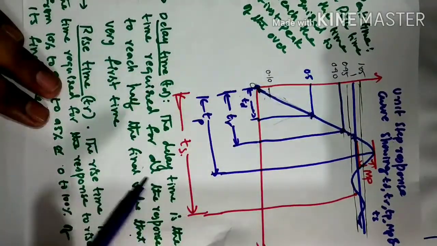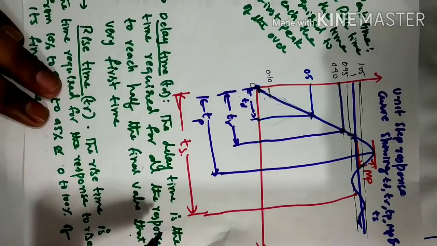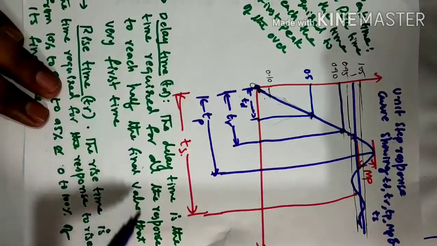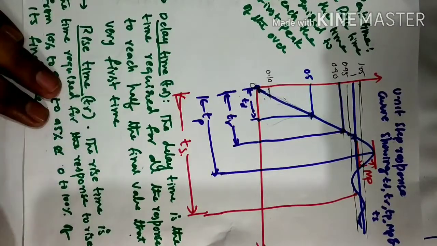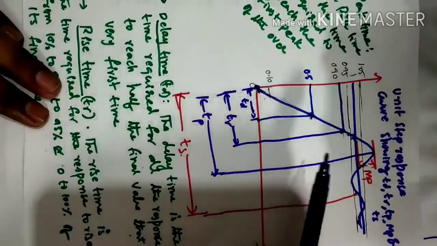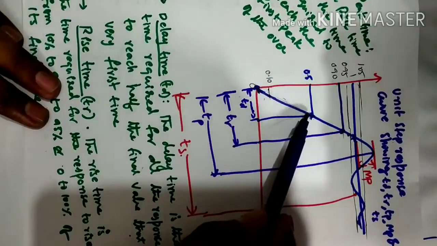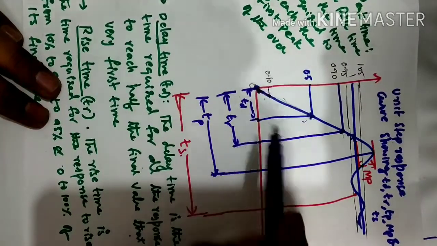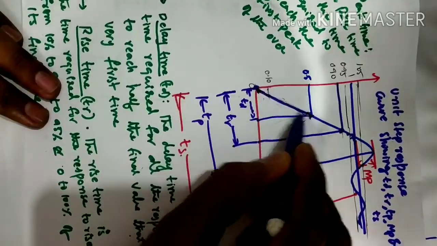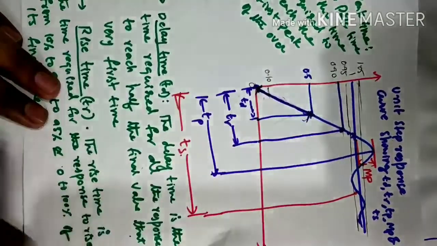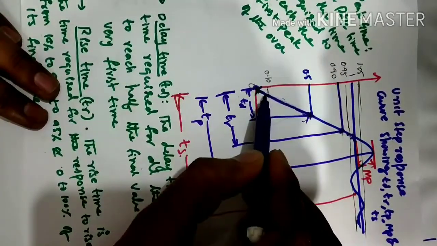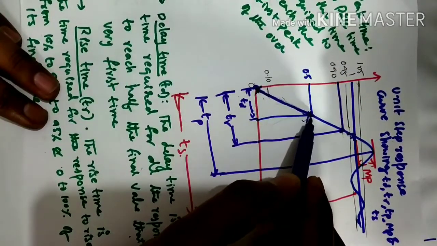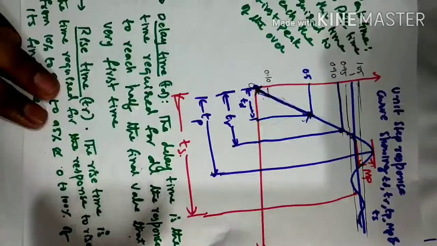Delay time is the time required for the response to reach half the final value the very first time. You see that the response curve reaches 50% of the final value. This time taken to reach 50% of the final value is called the delay time.